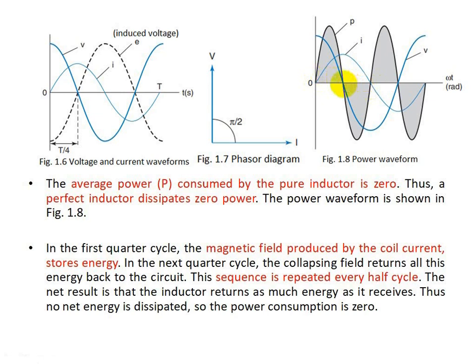So an inductor will not consume power, therefore average power consumed by the inductor is always 0. It only stores energy and supplies it back to the source in the next quarter of the cycle, and this cycle gets repeated.